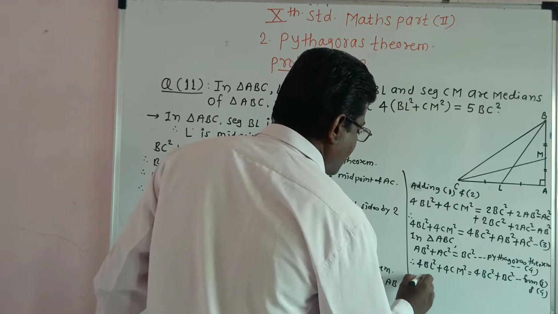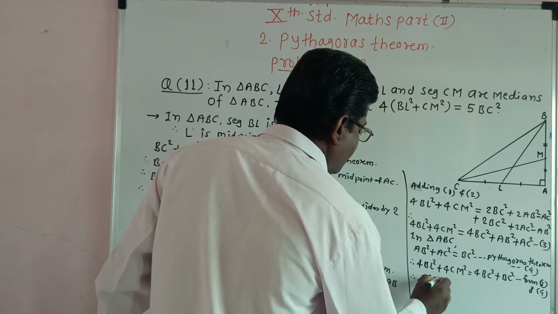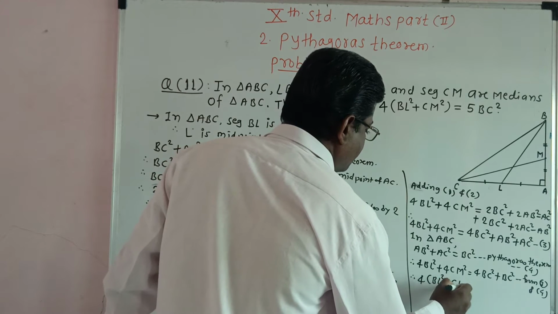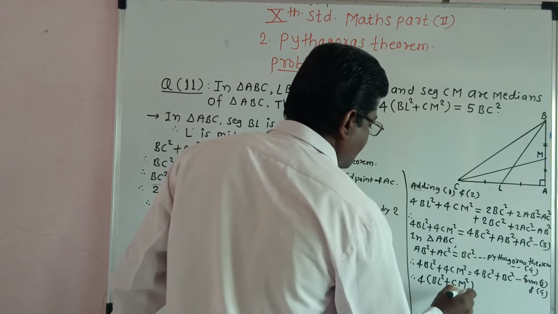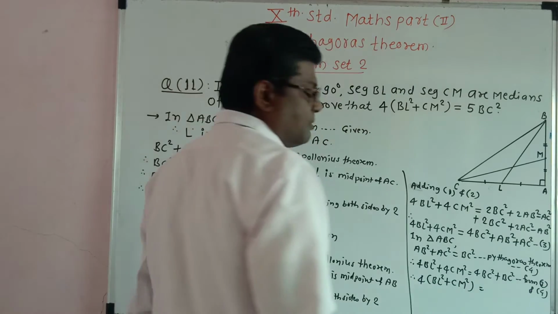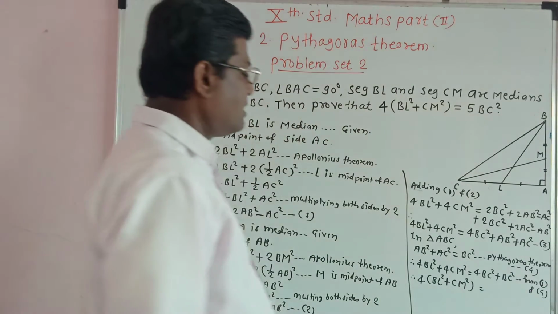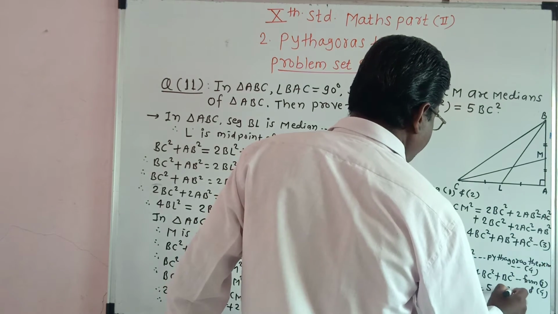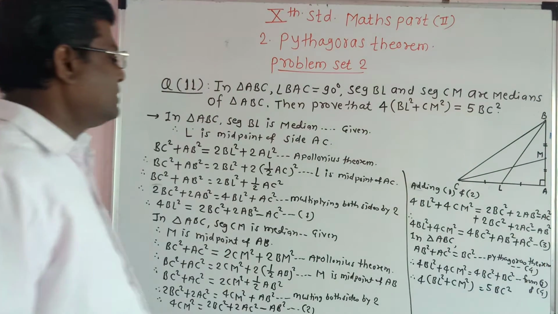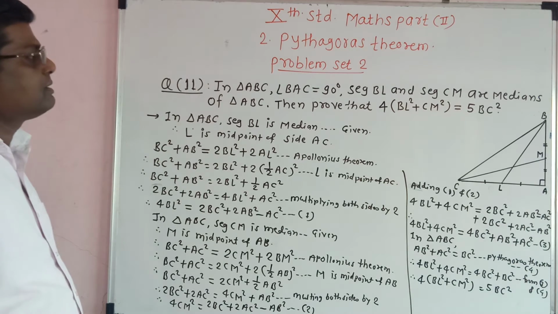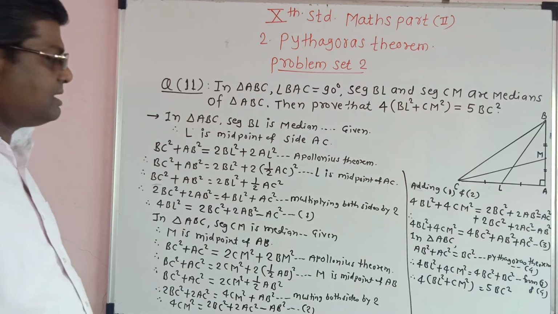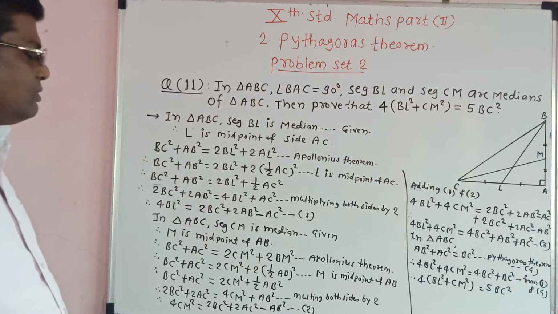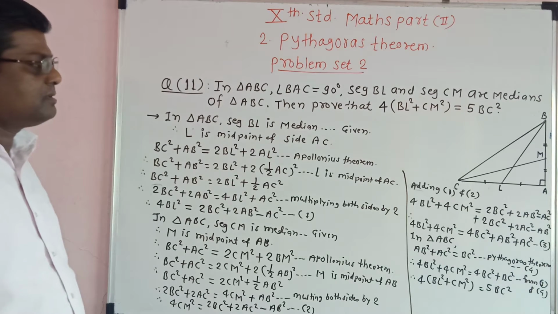Therefore, take 4 common. 4 in bracket BL square plus CM square is equal to 5BC square. Thus it is proved.